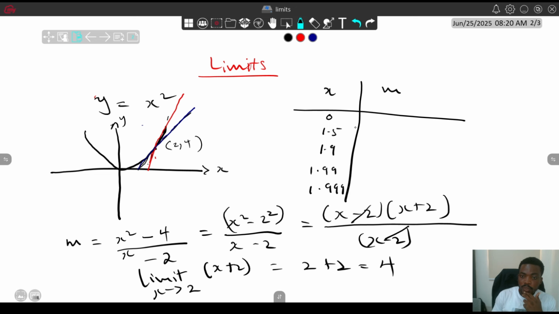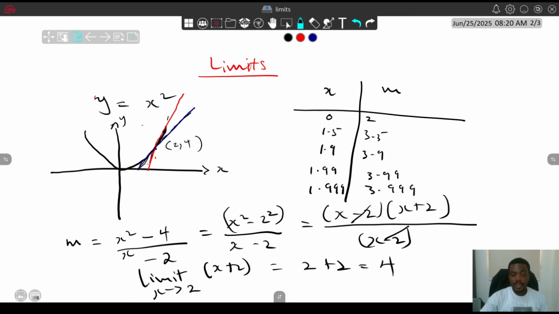So if we insert these values into our gradient formula, we are going to have 2, 3.5, 3.9, 3.99, 3.999. You can take your time and do these computations and then confirm our values.